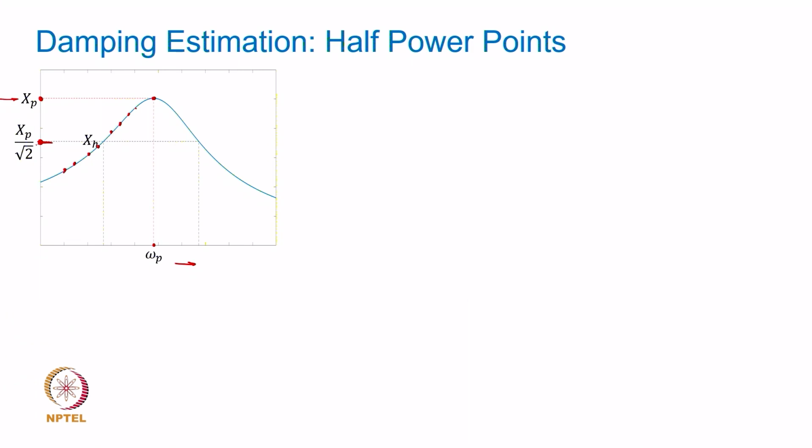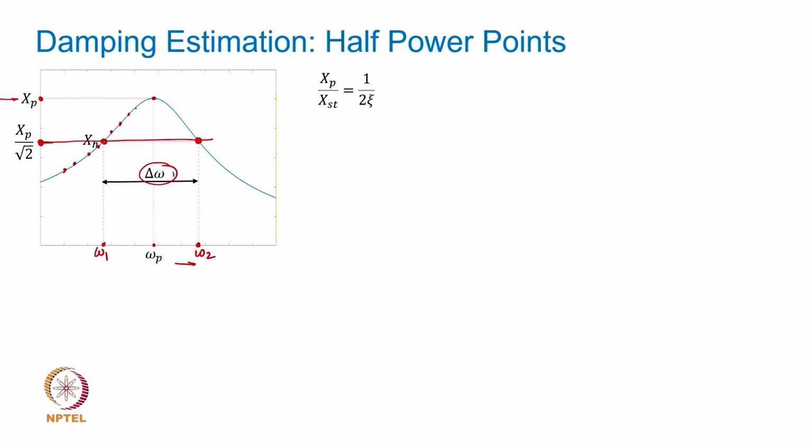Once I locate this on the amplitude scale, I draw a horizontal line and locate these two frequencies. These two frequencies are going to give me the frequency bandwidth delta omega. Maybe I will call this omega 1 and this frequency omega 2. These are the two frequencies at which the amplitude drops to 1 by square root of 2 times the peak amplitude.